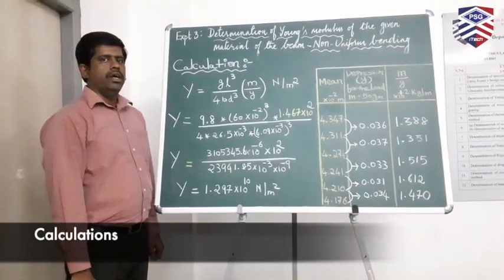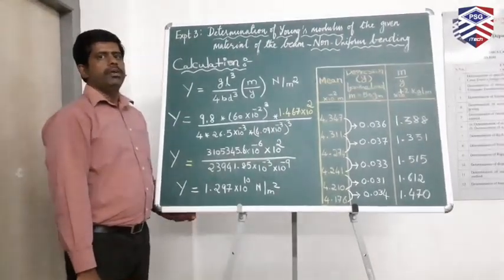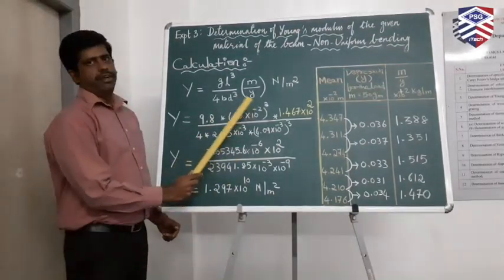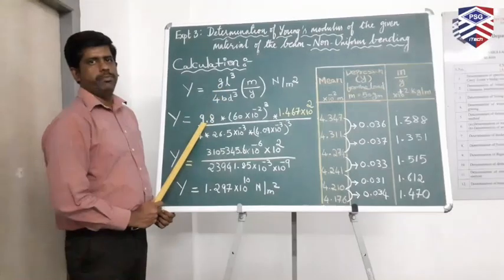Now let us see how to calculate the Young's modulus of the beam using non-uniform bending, for which the formula is given here. Here we know g is the acceleration due to gravity, 9.8.